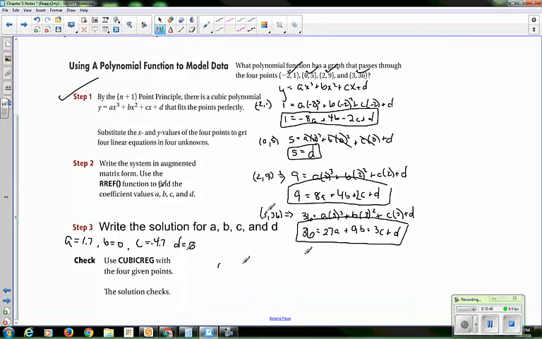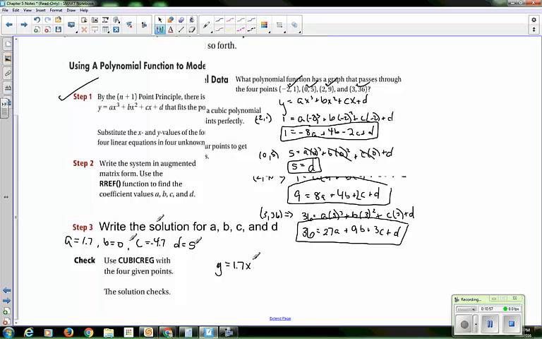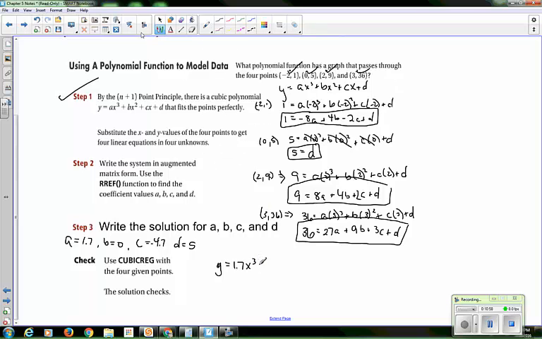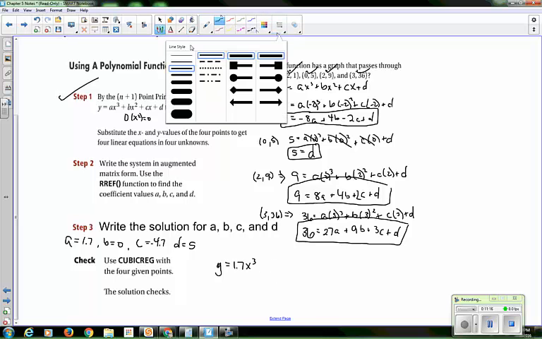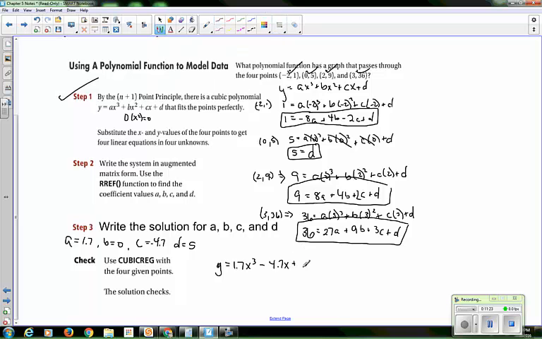So our equation is 1.7x cubed plus 0x squared, plus c, all right, so that would be a minus, minus 4.7x plus 5.